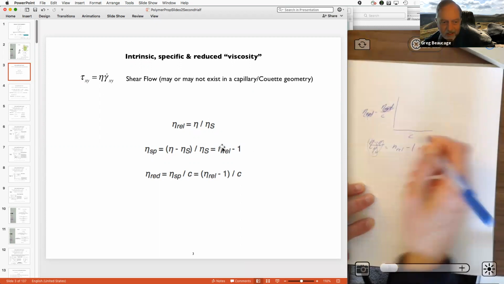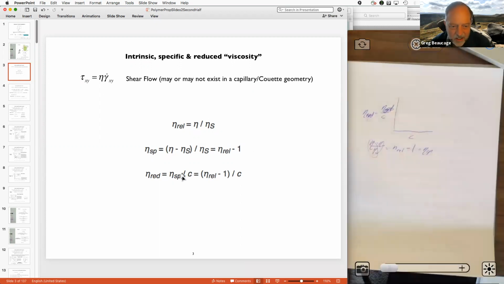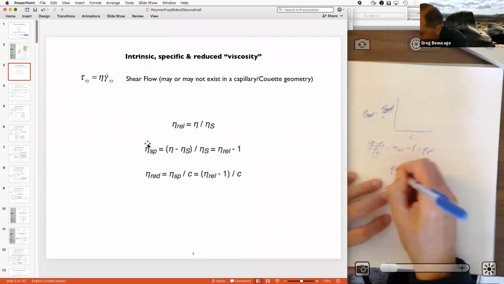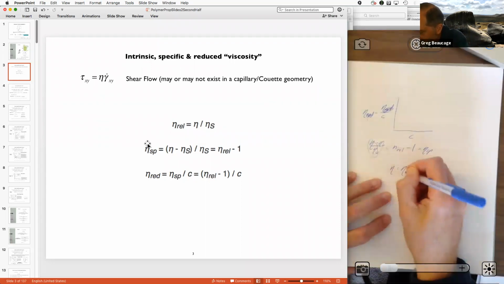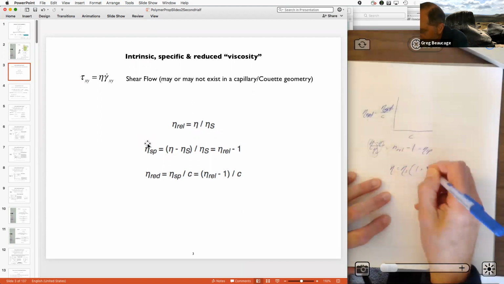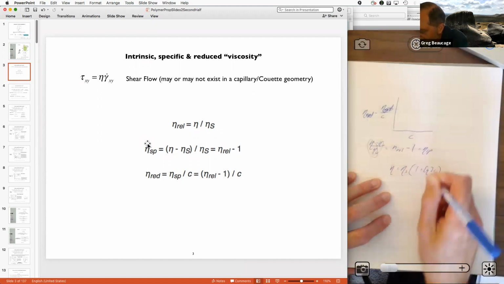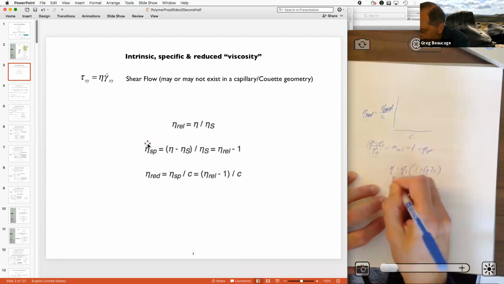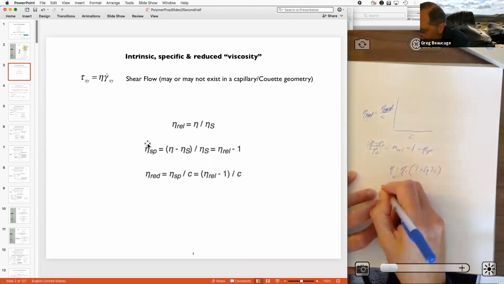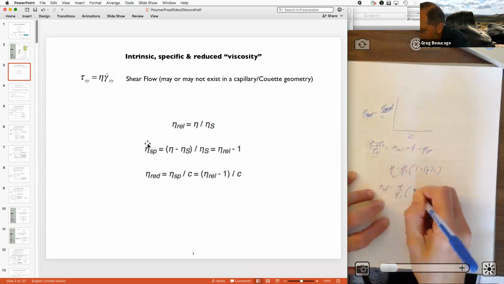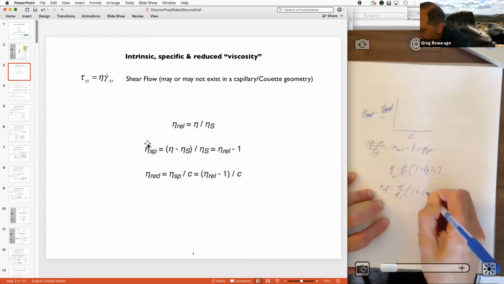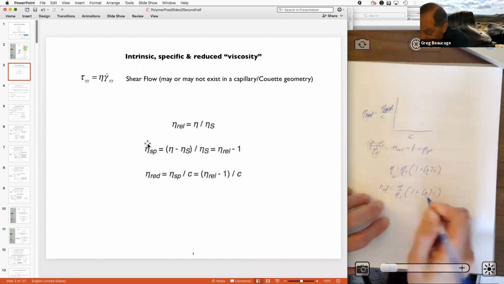If you divide by C, you get the reduced viscosity, which has units of inverse concentration, just like the intrinsic viscosity. So for intrinsic viscosity, you have the solvent viscosity times 1 plus the intrinsic times concentration. So you're going to naturally produce the relative viscosity, which is the viscosity over the solvent, equal to 1 plus intrinsic times C.